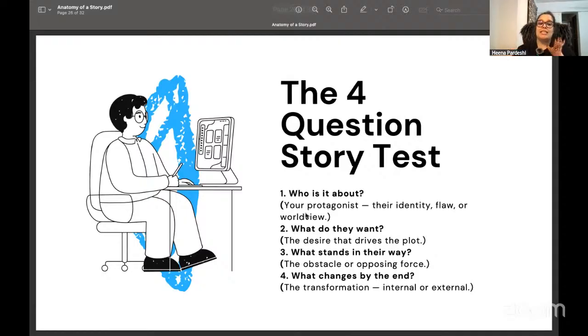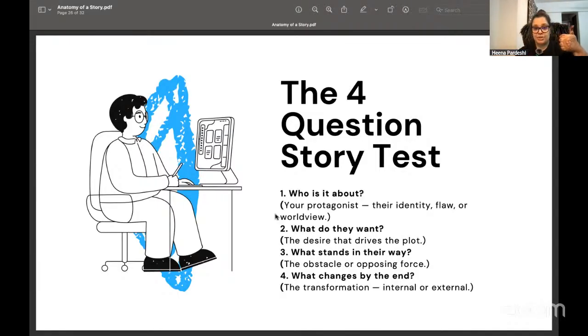This is the 4-question story test. If you can answer these 4 questions, then your story can be formed. Can be formed. I'm not saying it should be formed or it will be formed. After that you also need a couple of things, but this is the very basic test that you are going to do on your ideas or concepts.